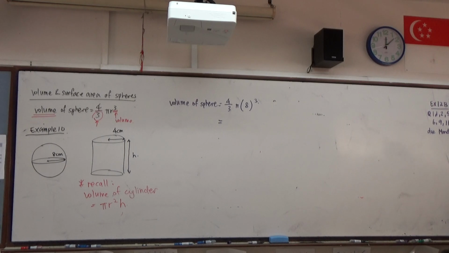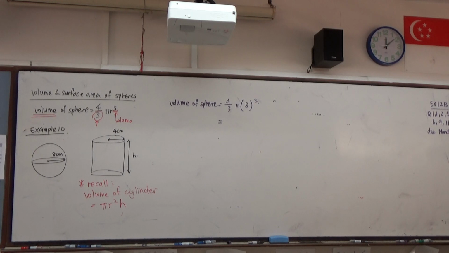Rayla, can you give me 4 over 3 pi 8 cubed in terms of pi? Could everyone also try? Just wait for the answer to fall from the whiteboard. 600, can you give me an improper fraction?